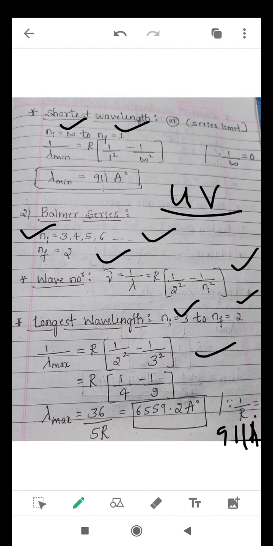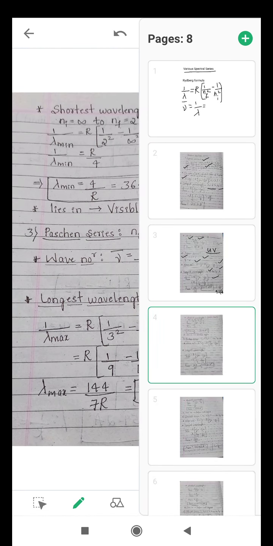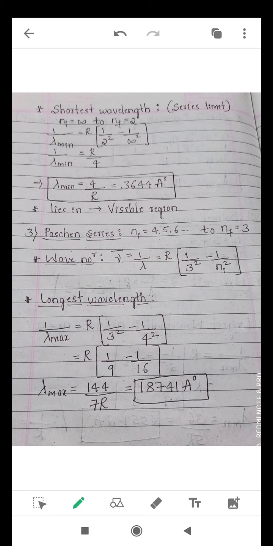Now similarly we will determine the shortest wavelength for the Balmer series, or the series limit of Balmer series. Here the electron makes a transition from Ni is equal to infinity to the second orbit, that is Nf is equal to 2.